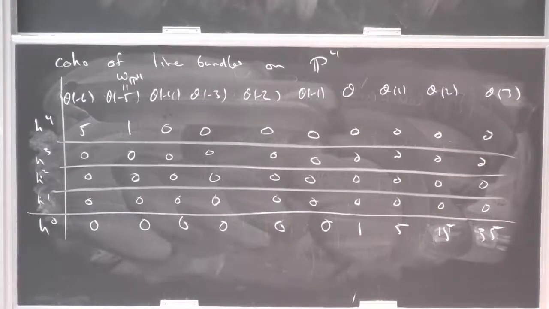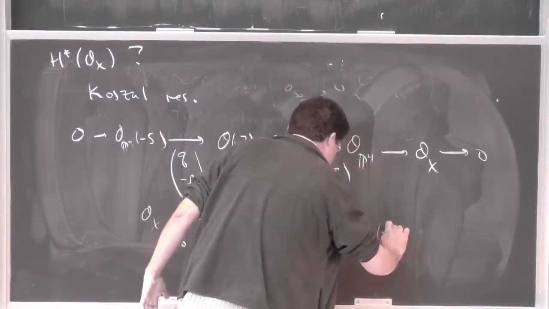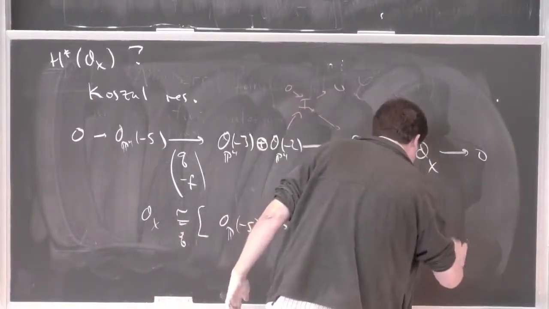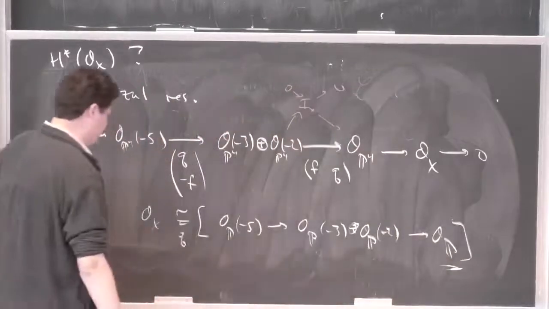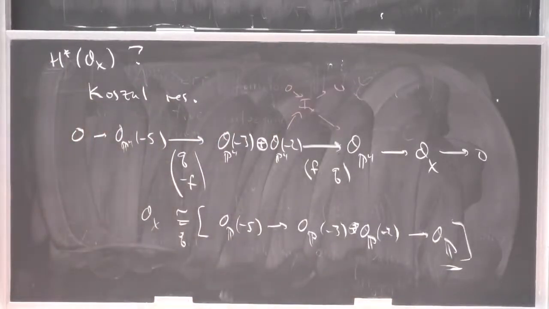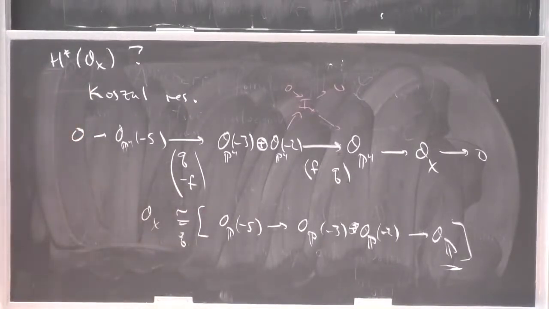Let me rephrase this exact sequence as saying that OX is quasi-isomorphic to the complex OP4 of -5 goes to O of -3 plus O of -2 goes to O, with this one in degree 0. This complex is quasi-isomorphic to OX.